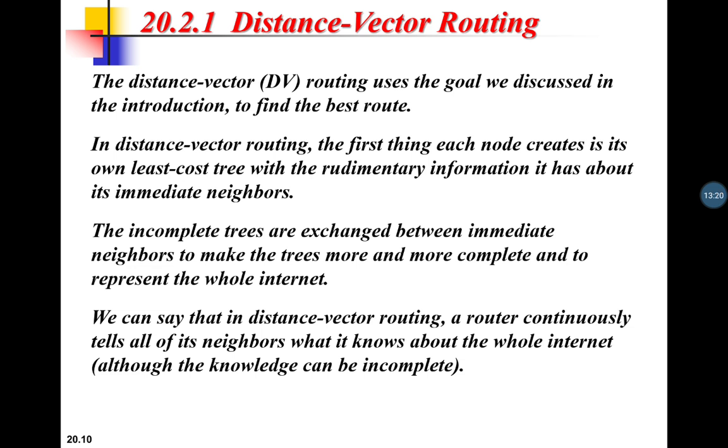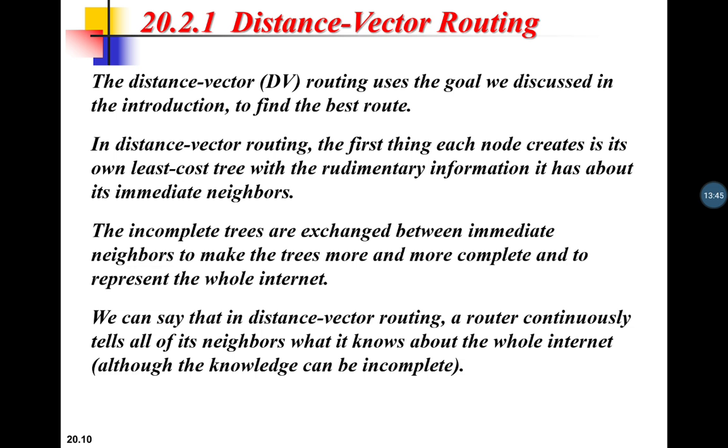The first thing that we should know in distance vector routing is that here each node creates its own least cost tree with the information it has about its immediate neighbor. And in distance vector routing, a router continuously tells all of its neighbors what it knows about the whole internet.